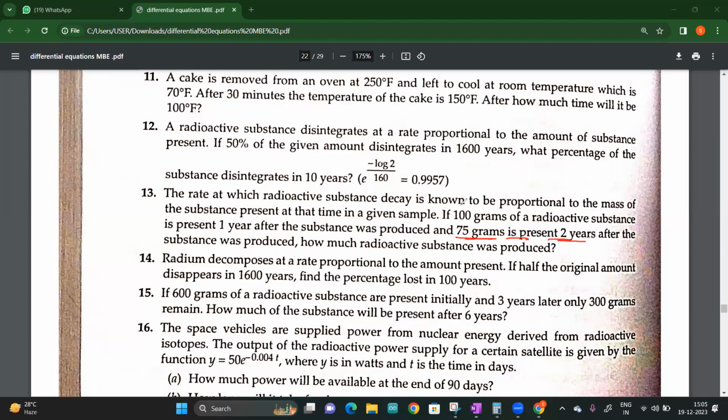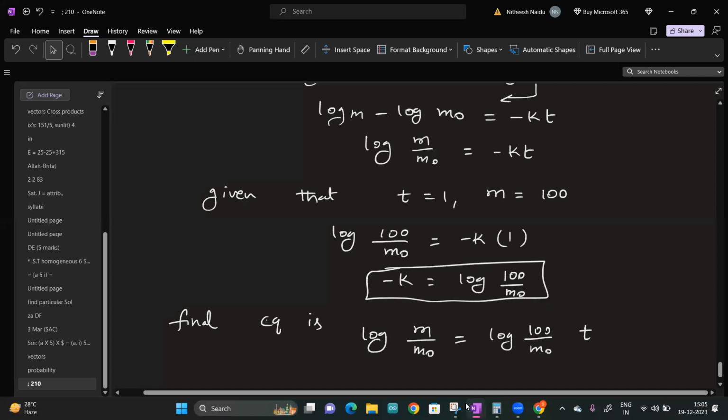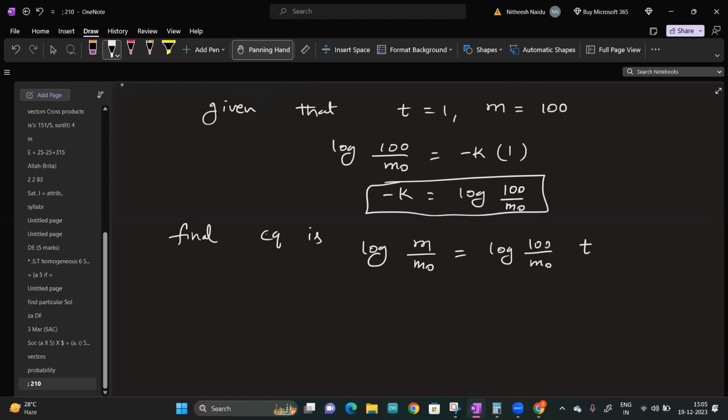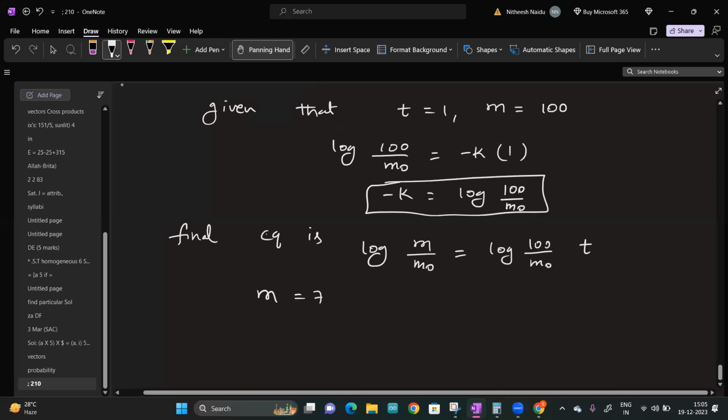What did he say? 100 grams left in 1 year. Okay, we calculated that k value. Next, he said 75 grams left in 2 years. So write down here in this equation, m value will be 75 grams, t value will be 2 years.